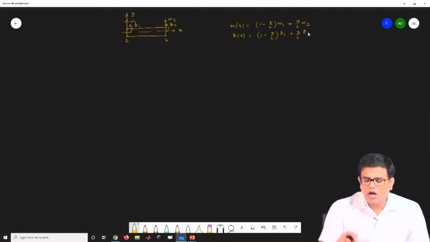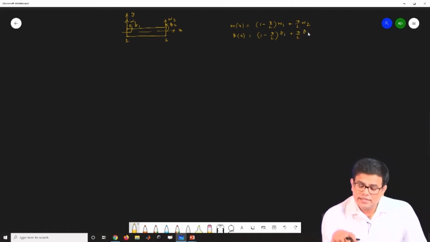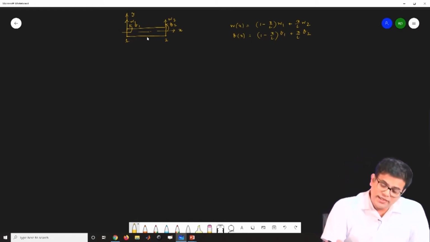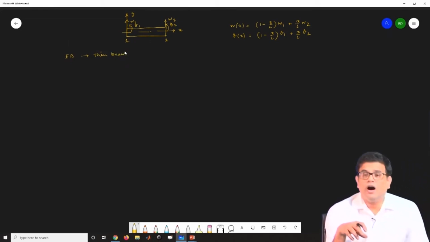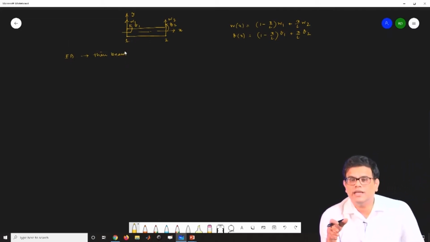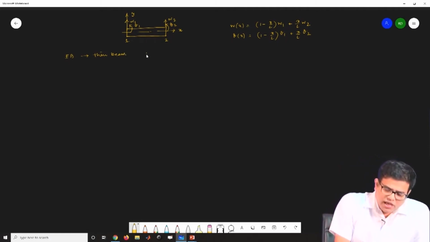Now, if you remember, we have discussed that in case of a thin beam it will be Euler-Bernoulli beam, and theta is actually the slope of the displacement. Basically here what I am referring to is thin beam, where the shear deformation is negligible, then theta must be equal to dw by dx.